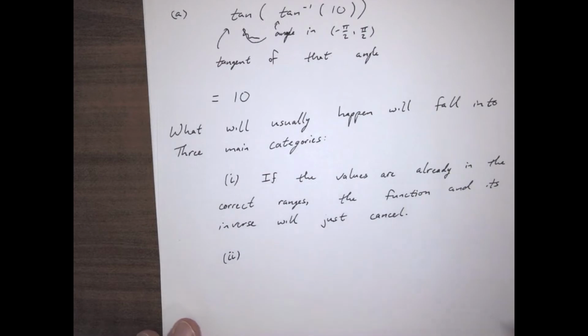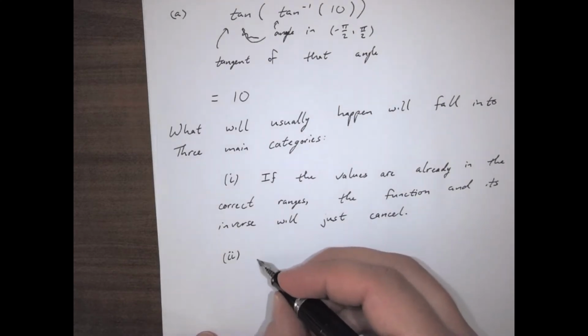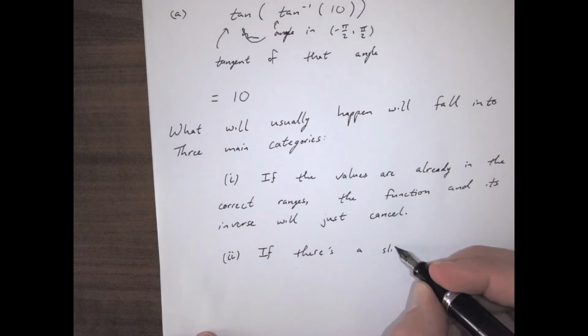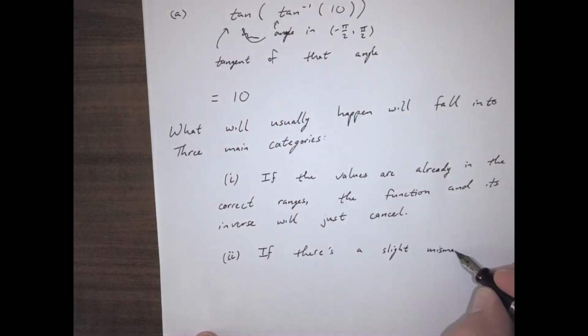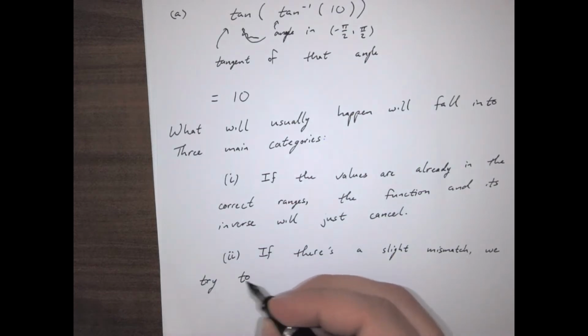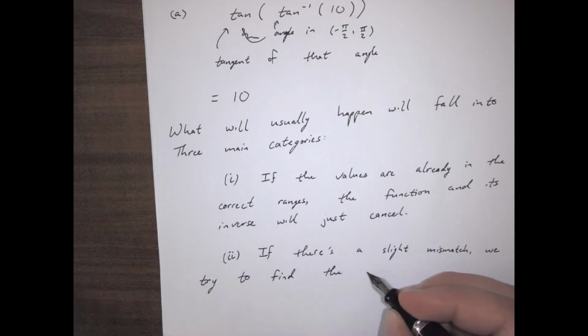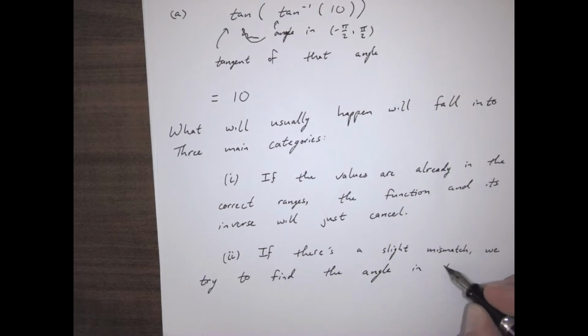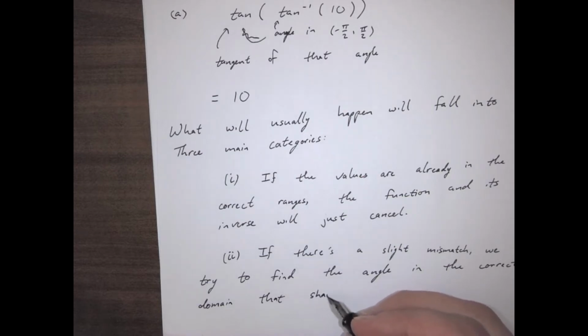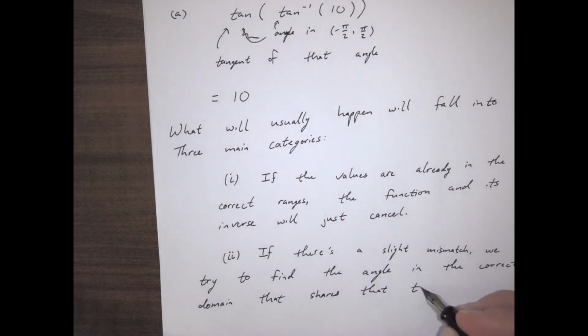Two, if the values are not quite in the right ranges, but not in a way that's undefined, if there's a slight mismatch, we try to find the angle in the correct domain that shares that trig function value.